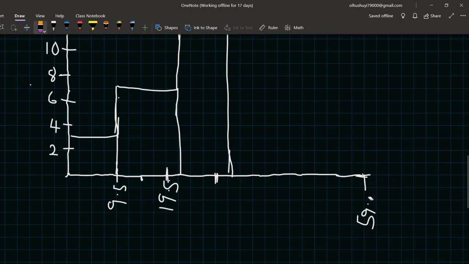So this should now be correct. So I maintain this, then I correct this.